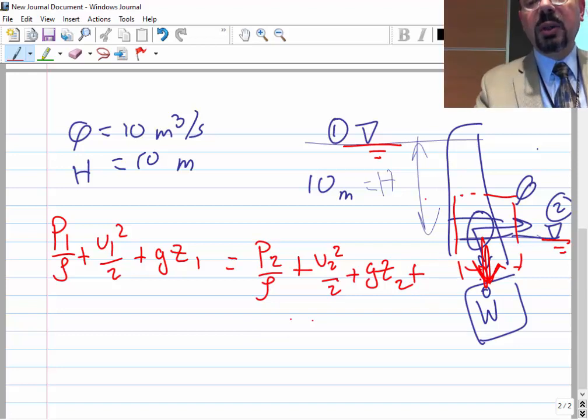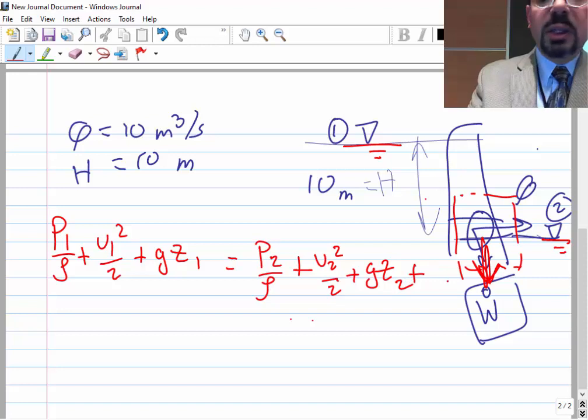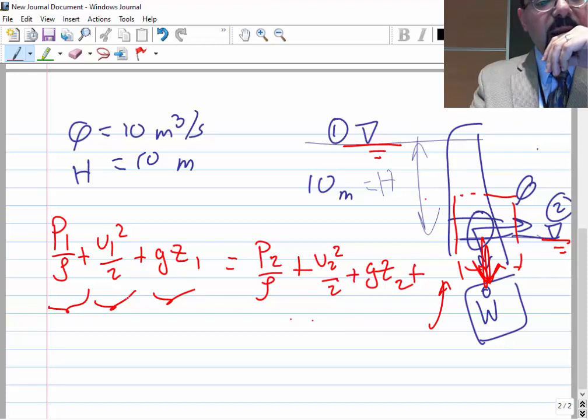The work that the turbine extracts needs to be written here in terms of the same units as those terms. So what are the units of P over rho and V square over 2 and gZ?